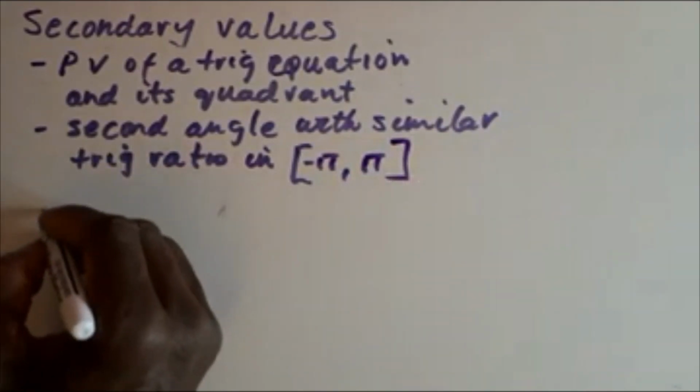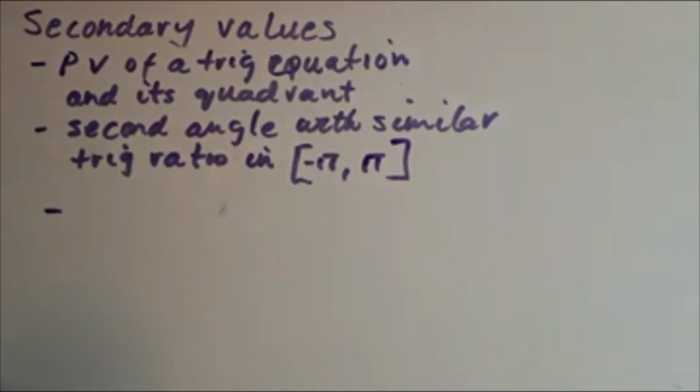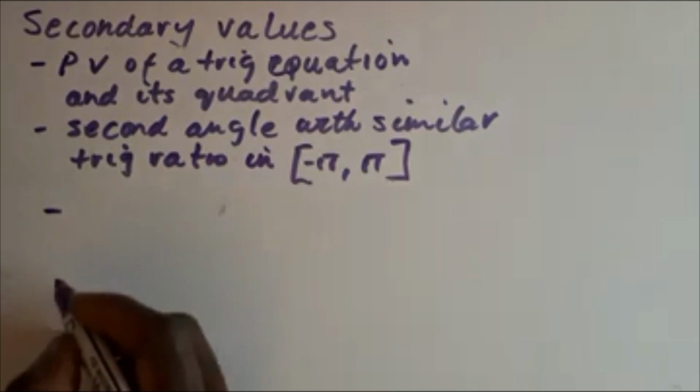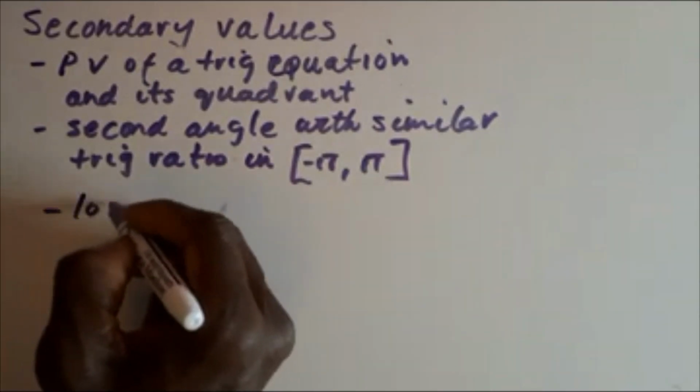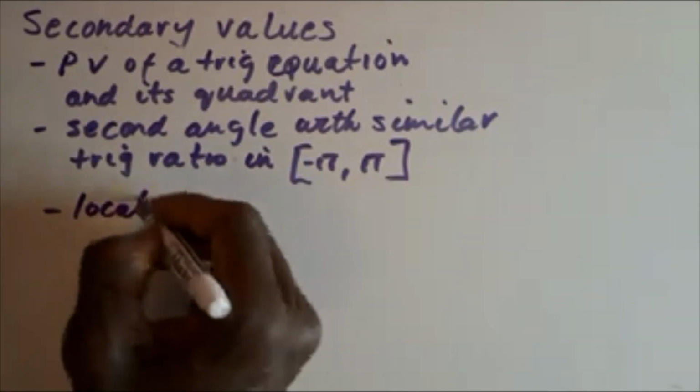The solution that we find for this similar trig ratio in this interval is located in a different quadrant.